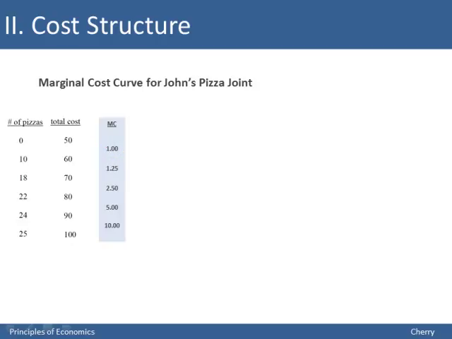Right? If you go from 22 to 24, output went up by 2, but your costs go up by 10, 80 to 90. Right? So 10 over 2 is 5. Right? And so forth. The last one, 24, you're going to 25, so you're increasing output by 1 unit. And the costs go up 10.